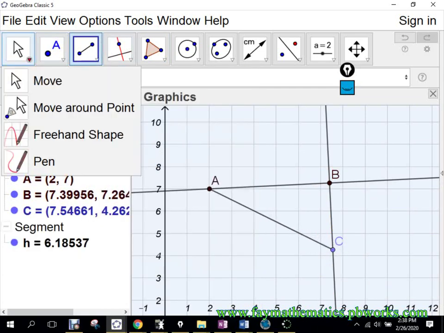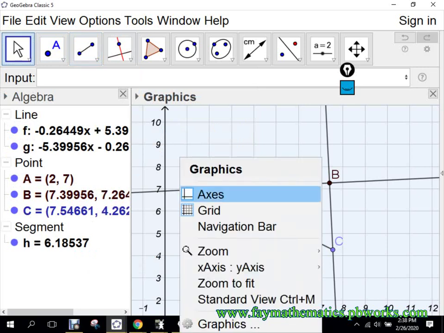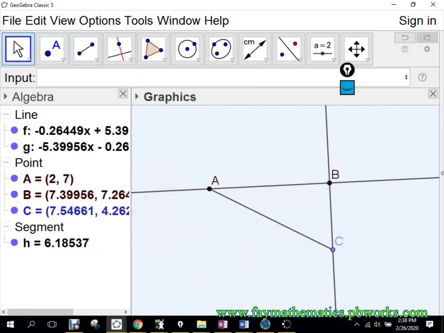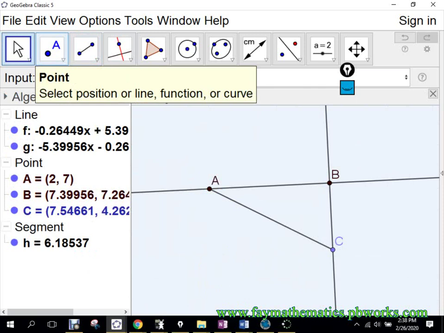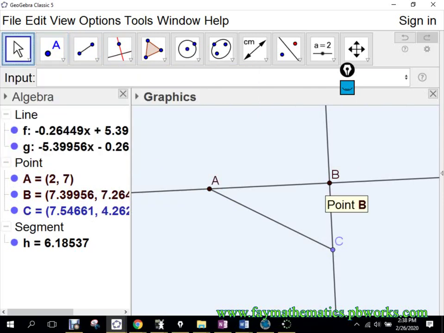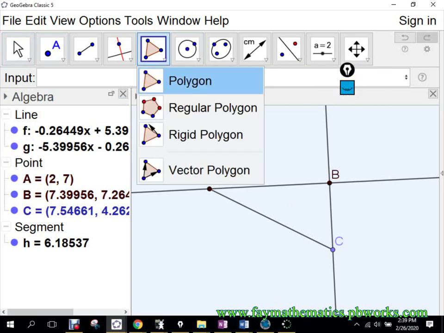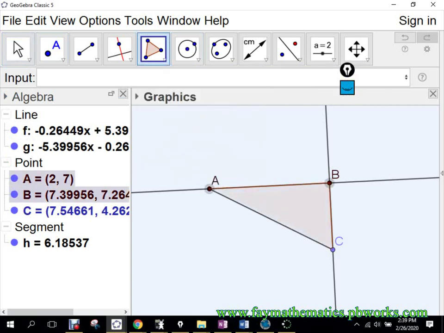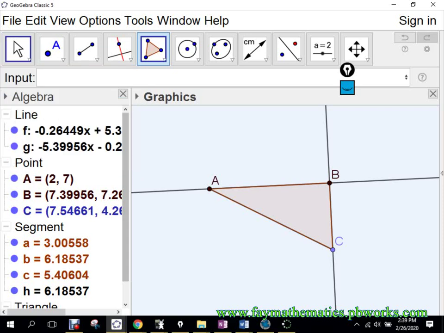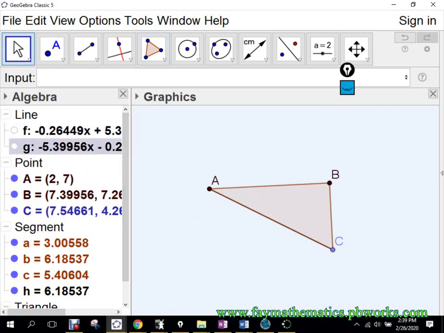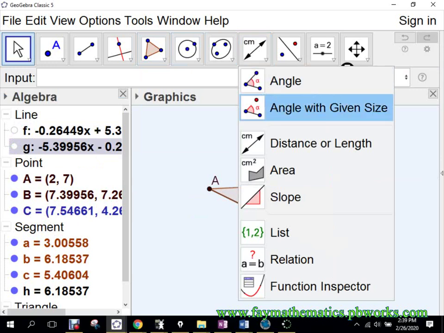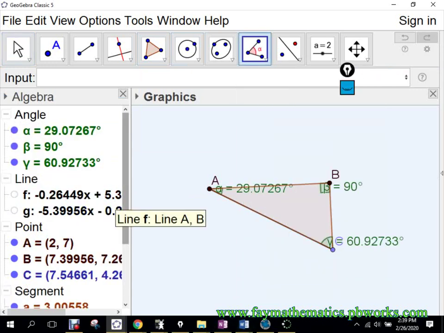So I'm totally not worried when I'm doing this about size of segments or anything like that. All I'm worried about is that I get a right angle here. Okay. I'm going to put my triangle in here, and now I'm going to just make those lines disappear.